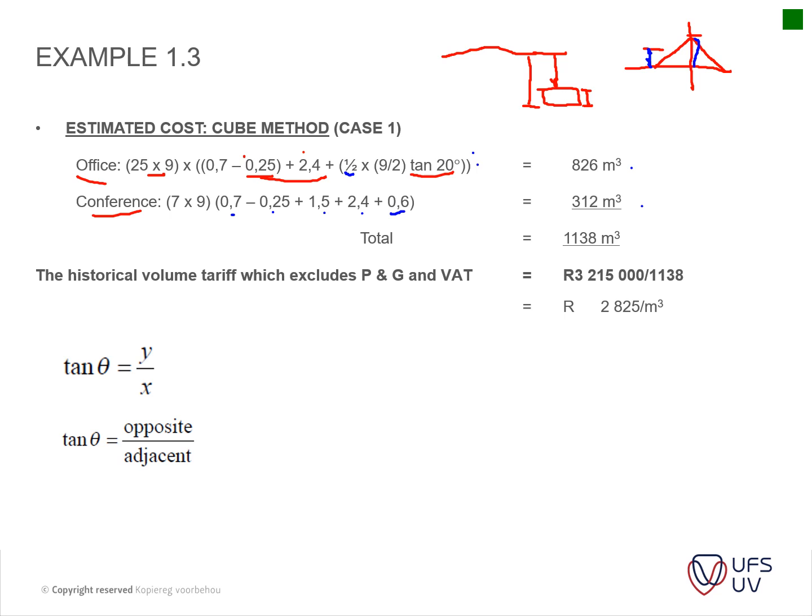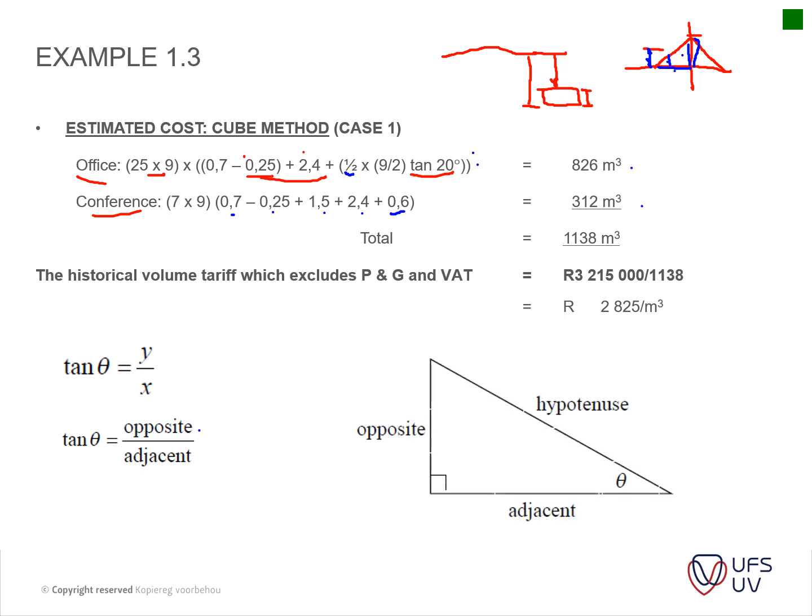If you want to calculate your height, which is there, what you've got is your opposite over your adjacent. So you've got this distance and you've got your angle there, so you want to calculate your opposite on that side.